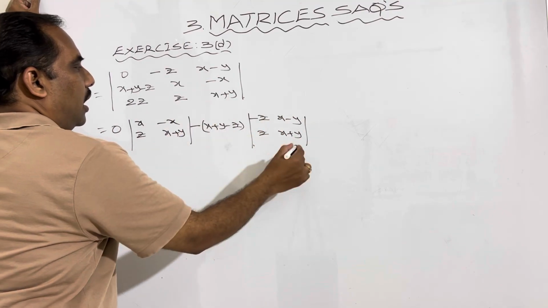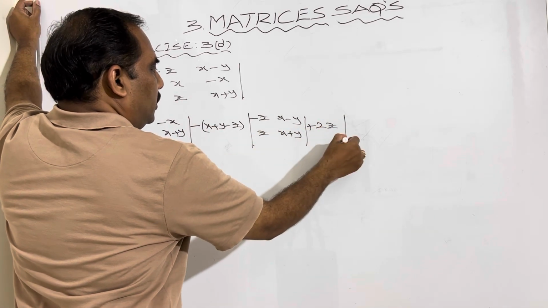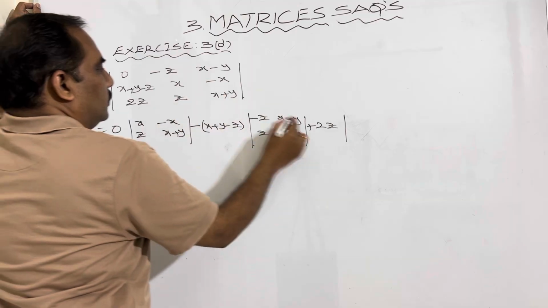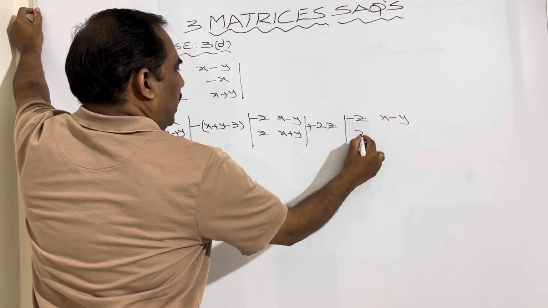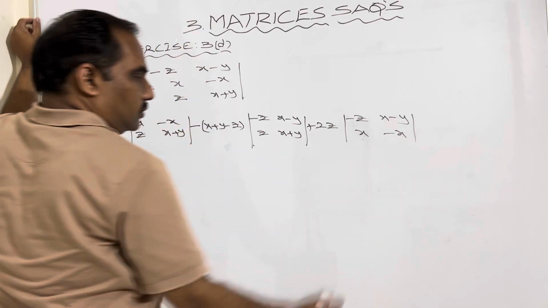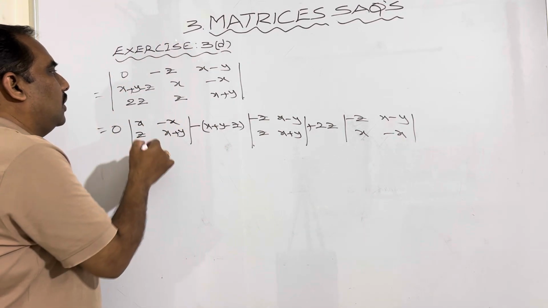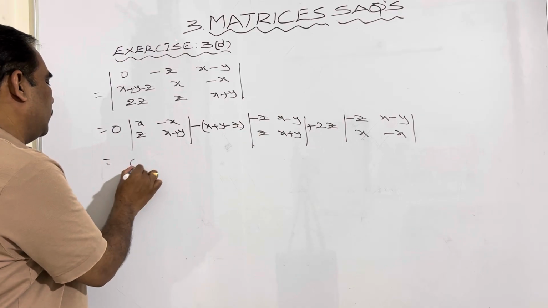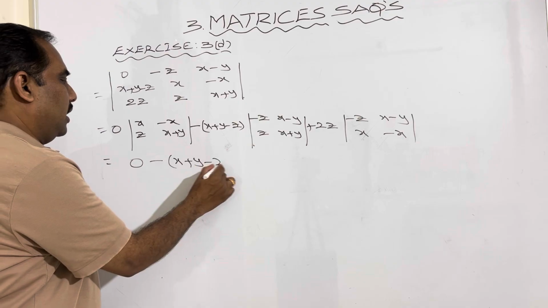And the last element, plus 2z into the determinant of the minor: minus z, x minus y; x, minus x. Like this we get it if you delete the last row and first column. So here this is 0, and this is minus of (x plus y minus z).